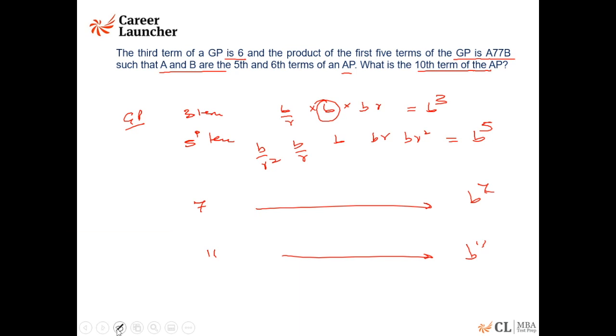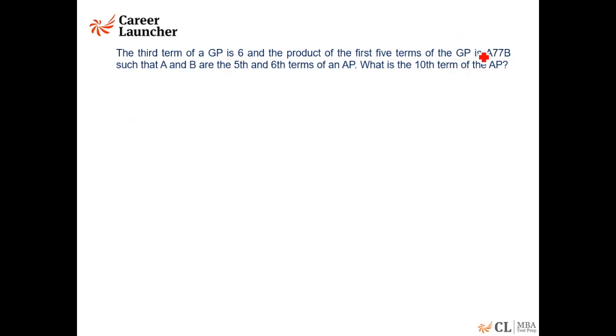Now, this is something you need to just remember. Okay. So effectively what we are saying is, since it is a product of 5 terms, B to power 5 has to be a77b. Do a hit and trial. Let's check out. What is 4 to power 5? Okay, 4 to power 5 is nothing but 2 to power 10, 1024.